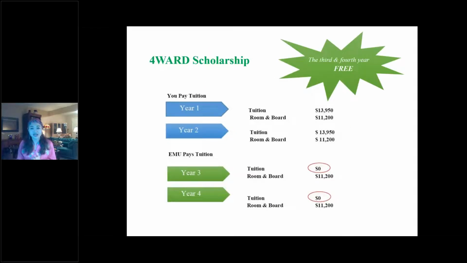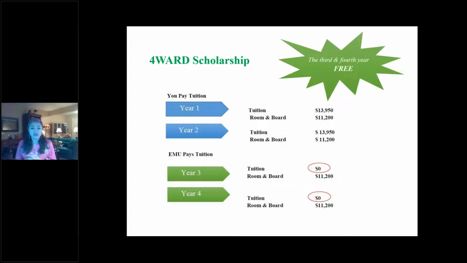And on top of that in-state tuition policy, we also provide a scholarship called a forward scholarship to our freshmen. How does it work? You graduate from high school, you apply for EMU as a freshman, which means the first year student. And from the first year, you live on campus. So the entire 4 years of your undergraduate, you will need to live on campus.